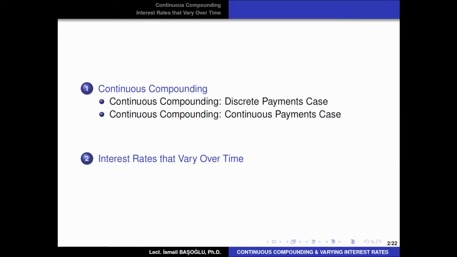So the savings account is just going to be filled with cash at a continuous rate, and that is just going to be called the continuous payments case. However, we are going to explain this in more detail when the topic comes to this point, and we are going to finalize with the interest rates varying over time.